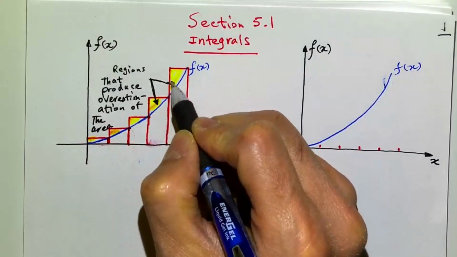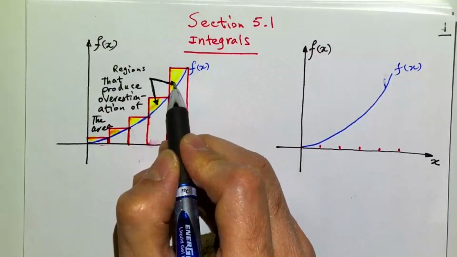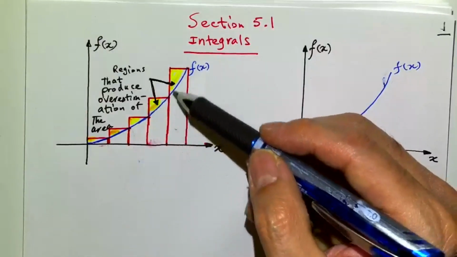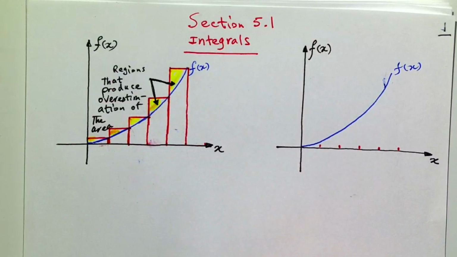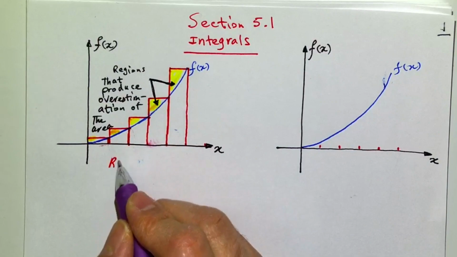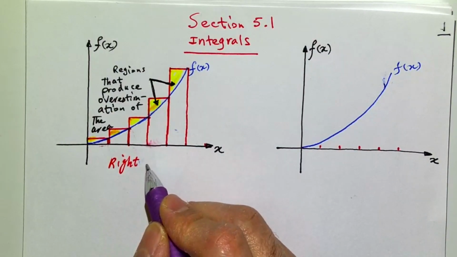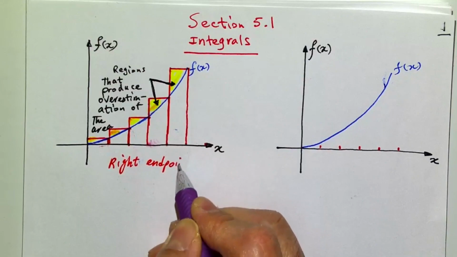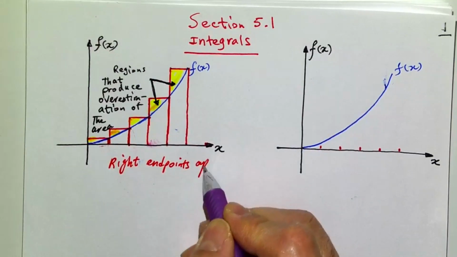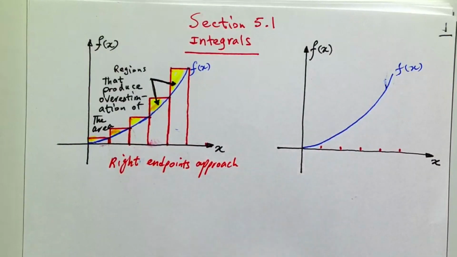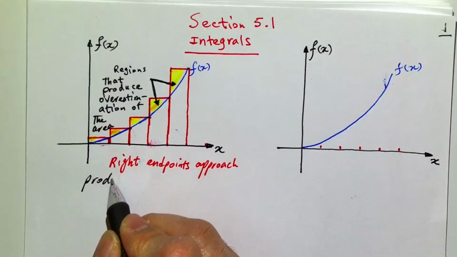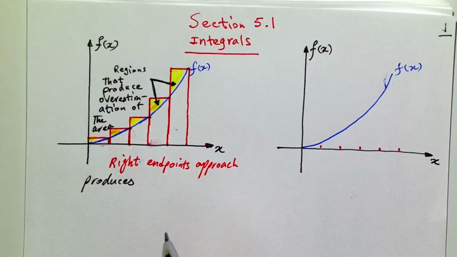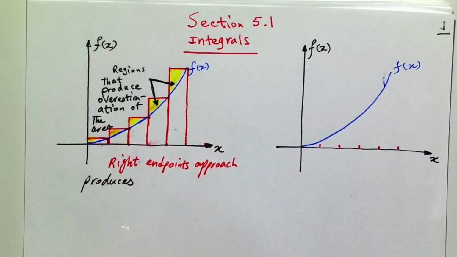Okay, these yellow sections, because they are above the curve, but yet in this way of breaking up the rectangles under the curve, we will produce an overestimation. So let's call this the right endpoints approach. And we know that it produces an overestimate, as I mentioned there.